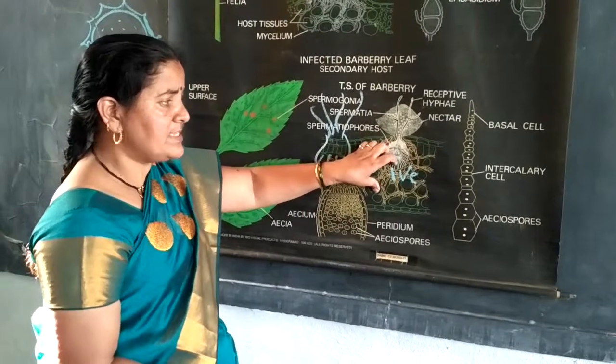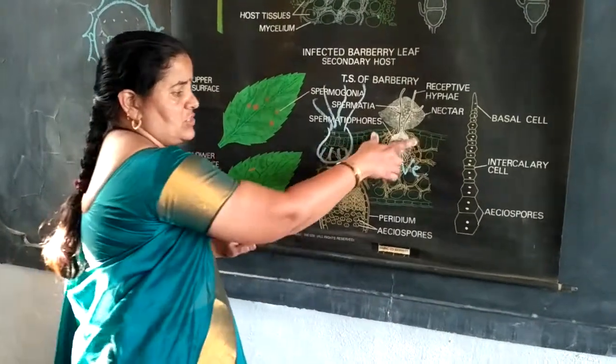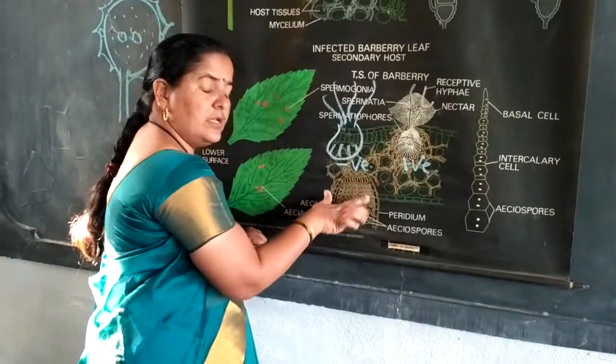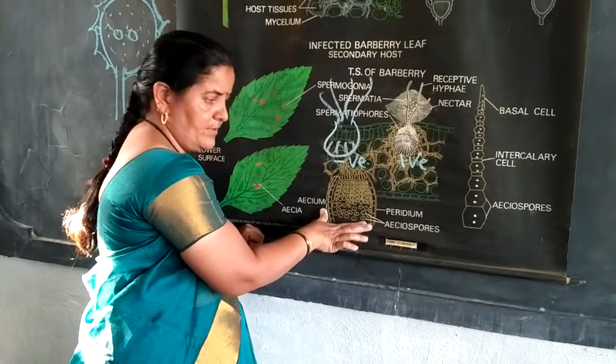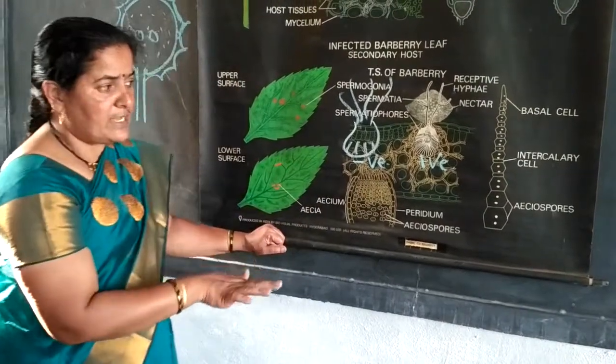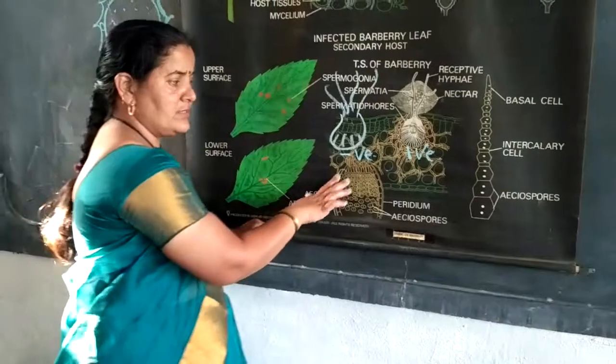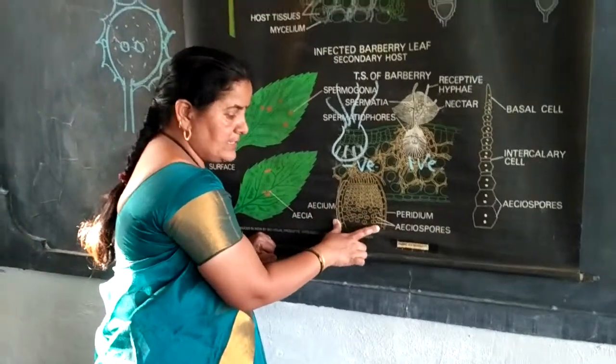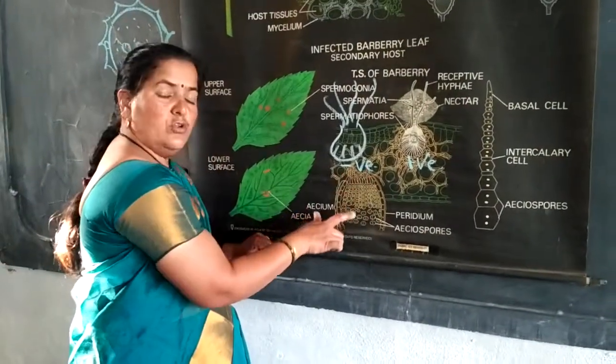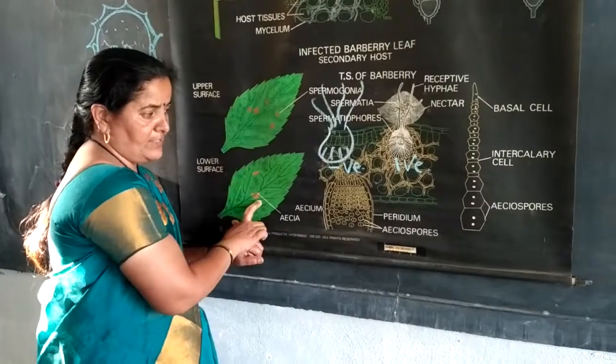This dikaryotic mycelium grows towards the lower surface of the leaf and produces the aecial stage on the lower surface of the barberry plant.